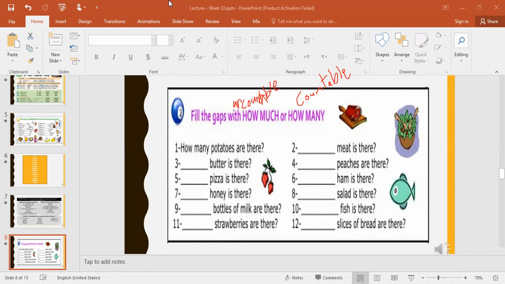How much ham is there? Oh, how many? How many ham is there? No, it's not how many. You cannot count the ham. Ham is like meat. How much? How much exactly?